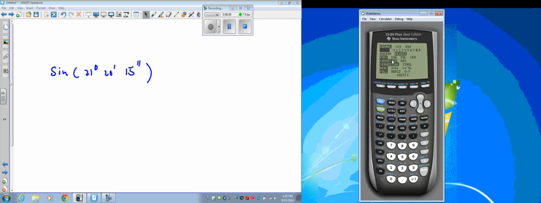Notice, you can have your calculator set normal, scientific notation, or engineering notation. If you put it at 0, then it'll just show you the integer. And then this is functional notation. Here's parametric, polar notation, and sequential notation. So if you want to graph polar coordinates, you can do that with this thing, or parametric.